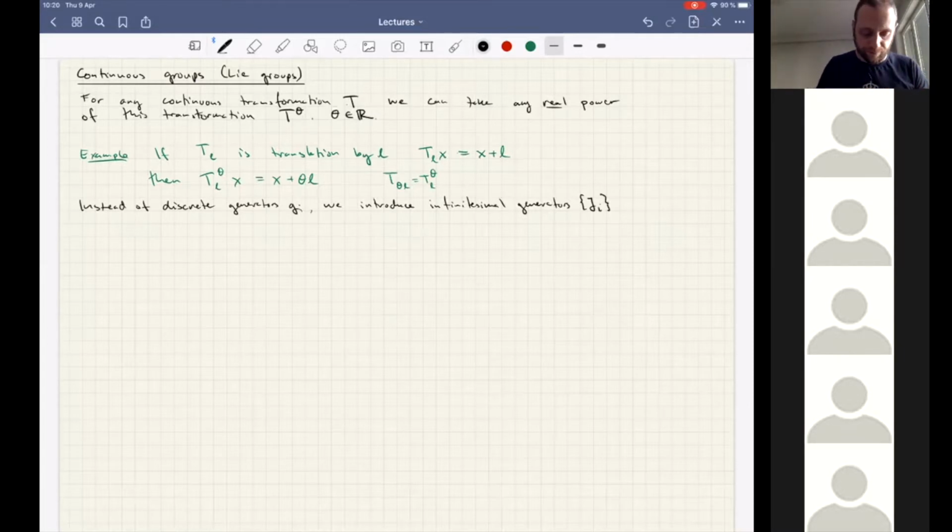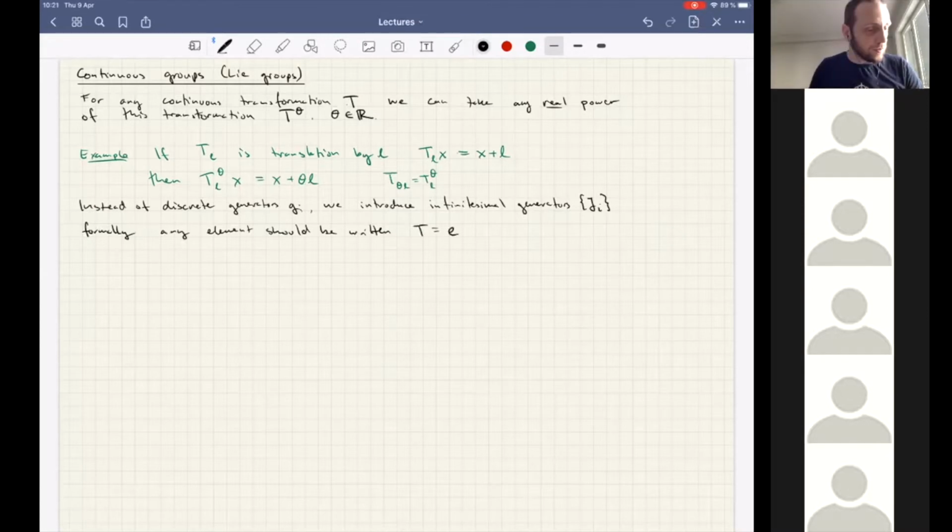Formally, we should be able to write any element that is at least close to the identity as the exponential of some sum over i of theta_i J_i, where the thetas here are real numbers.